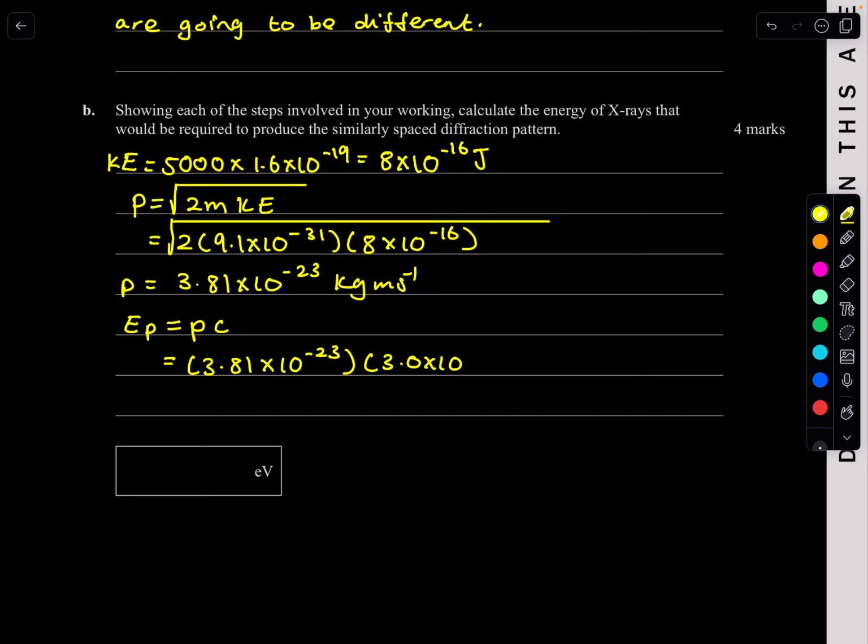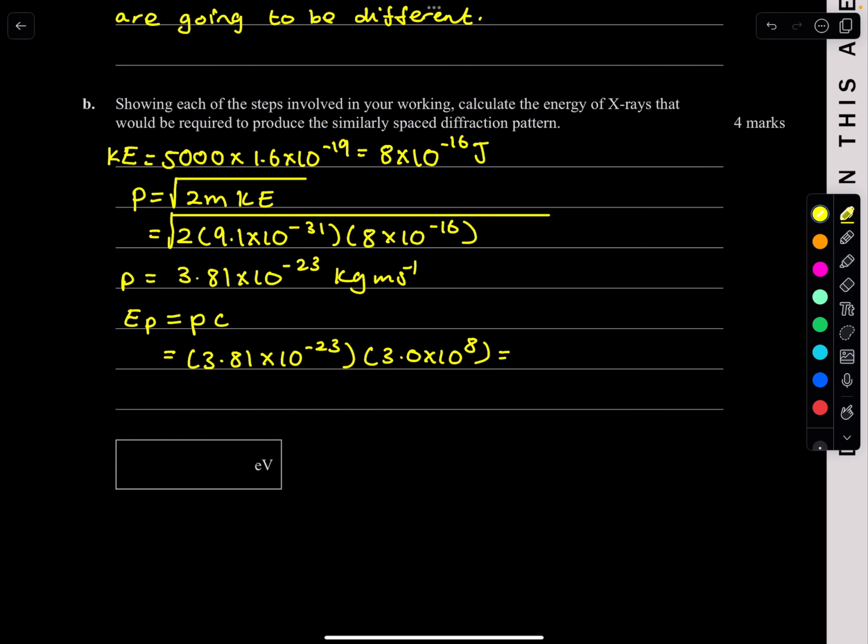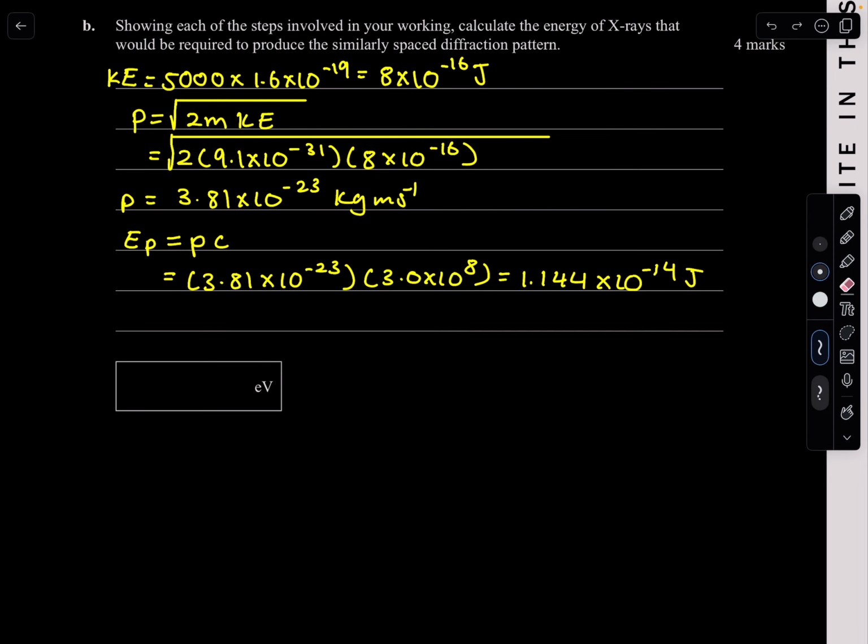...times 10 to the power of 8. And that's going to give me, in terms of joules, 1.144 times 10 to the power of negative 14 joules. Now, we want to have it in electron volts. So what we want to do is divide that by 1.6 times 10 to the negative 19.